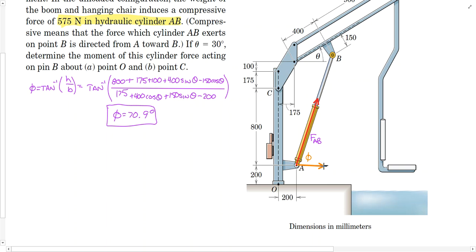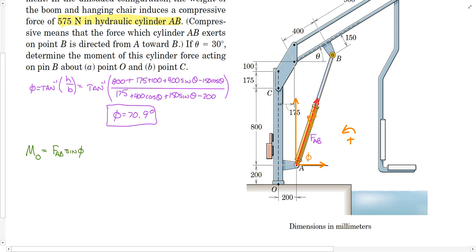So I have a horizontal component, and then I have a vertical component, and it's going to be very easy to take moments with this horizontal and vertical component around the pins that I want. So let's pick a direction as positive. We will take counterclockwise moments as positive. And let's do the moment around point O, and then the moment around point C. So for the moment around point O, we have the vertical component, which is FAB times the sine of phi.